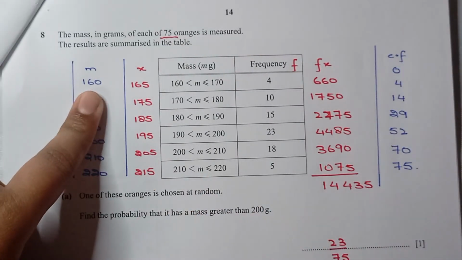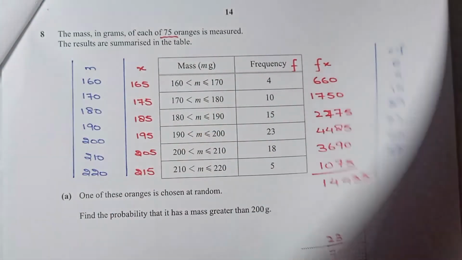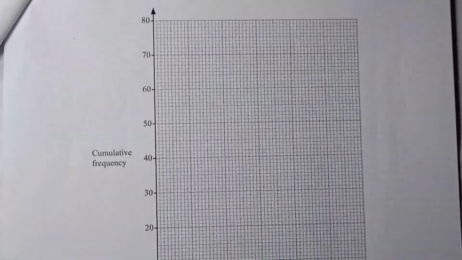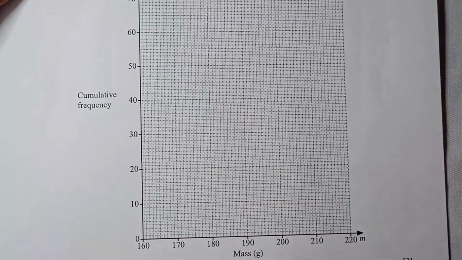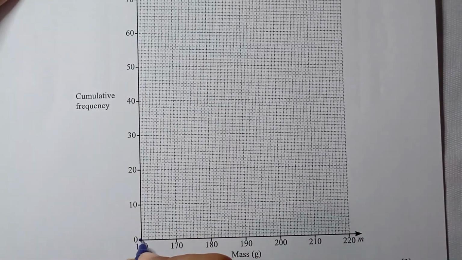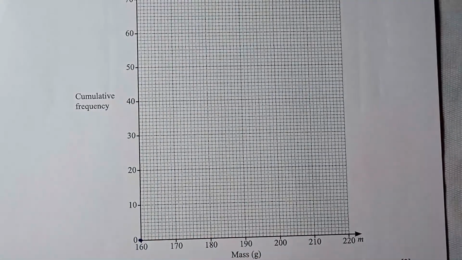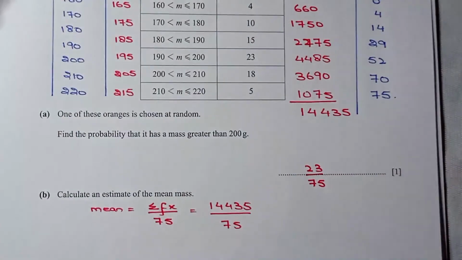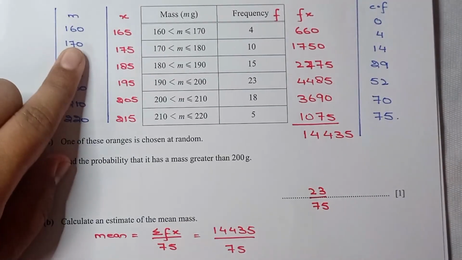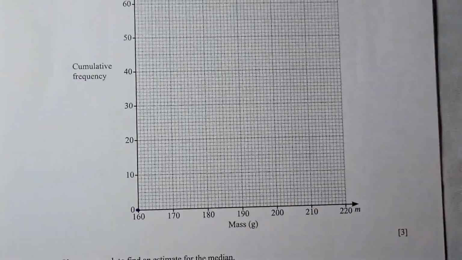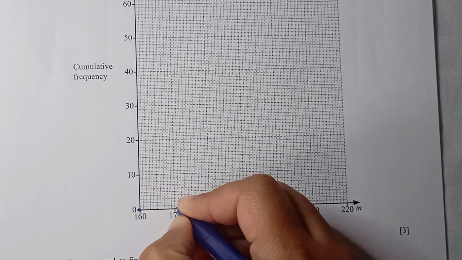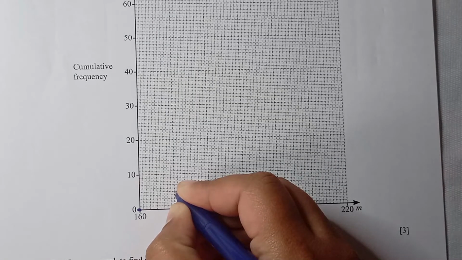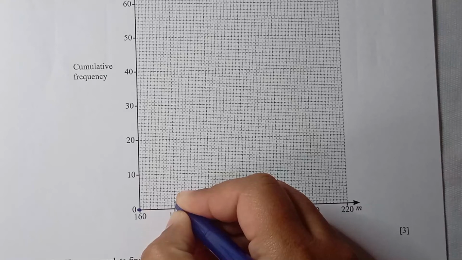So when it is 160, it would be 0. So going to the grid, as you can see, we have 160 and 0. This would be the first point, right? Okay, now for the second point, we have 170 and 4. Each block is for 1: 1, 2, 3, 4.